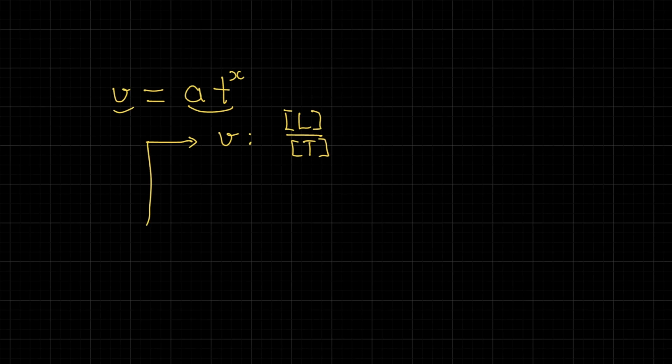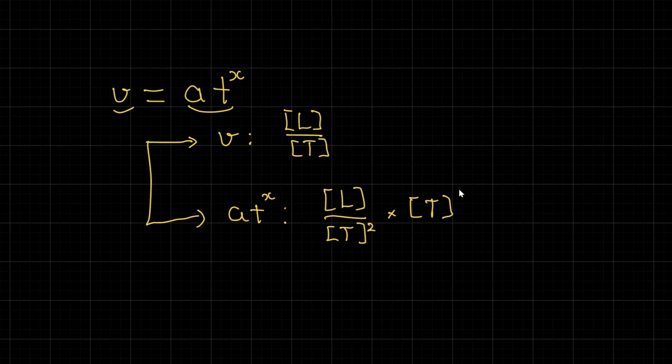But now a times t to the power x. We will have acceleration first, which is L over T squared, right? But this one is t, so the dimension is L over T to the power x, right?